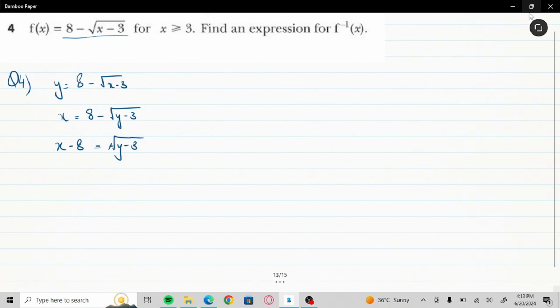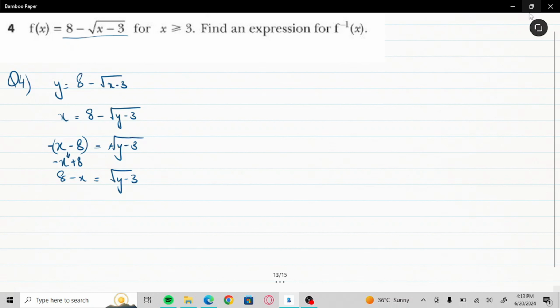So cut this down from here, put this here. So minus (x minus 8). So it's going to become 8 minus x is equal to under root y minus 3. By the way, it becomes 8 minus x because we get minus x plus 8 from its output: minus x, minus minus is plus, and plus 8.